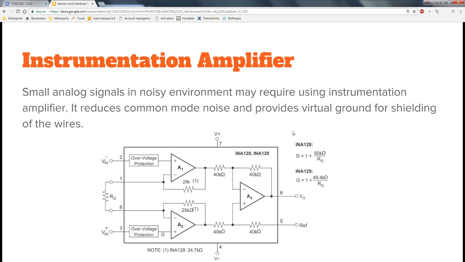Okay, huge electric drives, say a 100 kilowatt electric drive can be there, and then you are measuring something with very high accuracy on very small signals. You have big electric fields and probably also long lines from the sensor to this box. You need to do something for the signal.